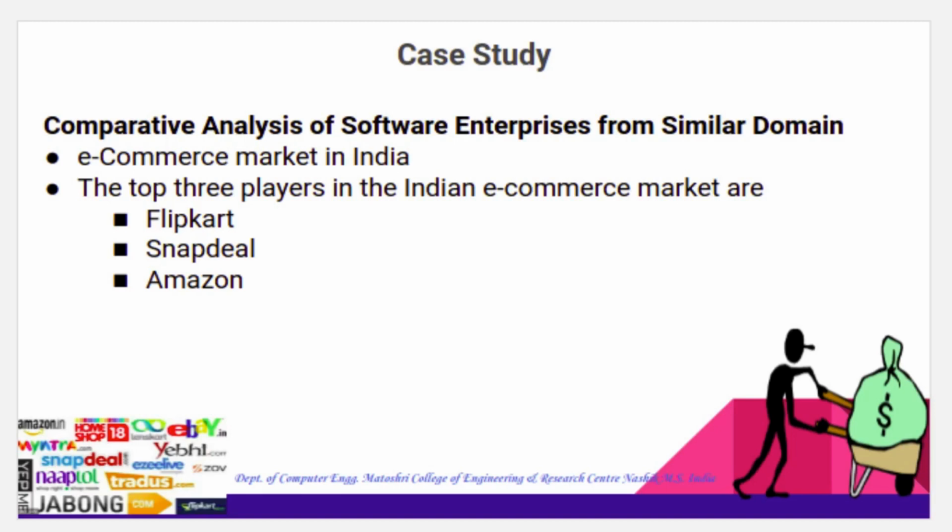The Flipkart model is similar to Amazon's and banks on controlling the end-to-end value chain. That is, right from procurement to delivery is controlled by the service provider. Snapdeal is the next entrant in the e-commerce market. Snapdeal was founded in 2010 by Kunal Bahl and Rohit Bansal.